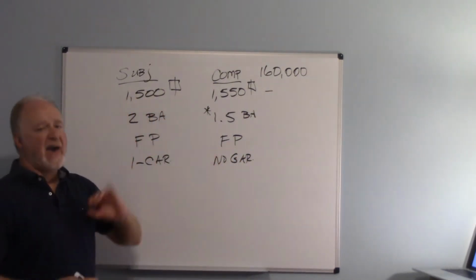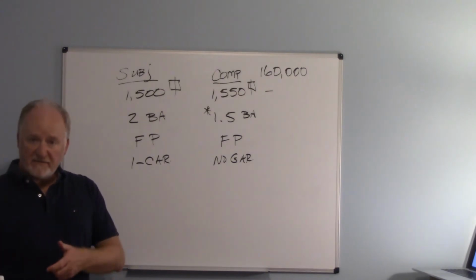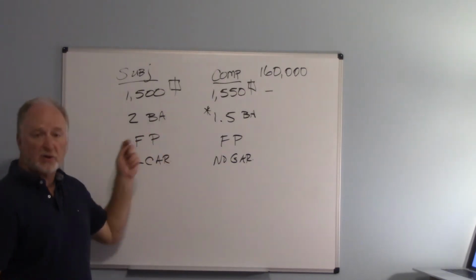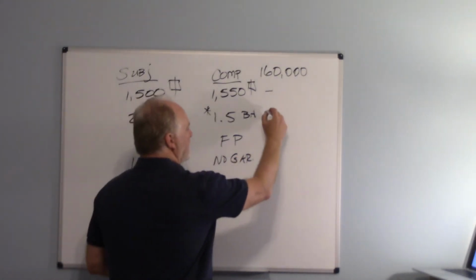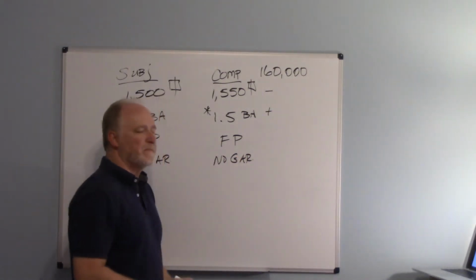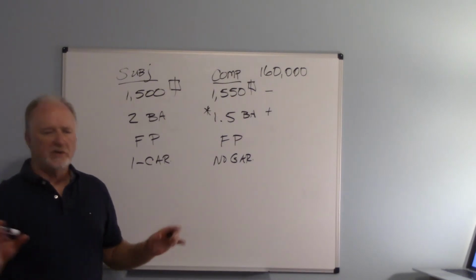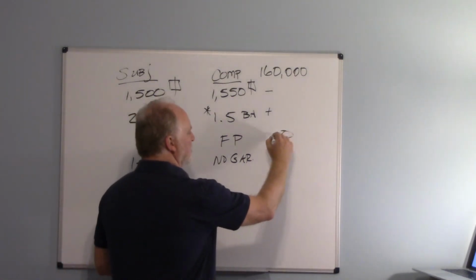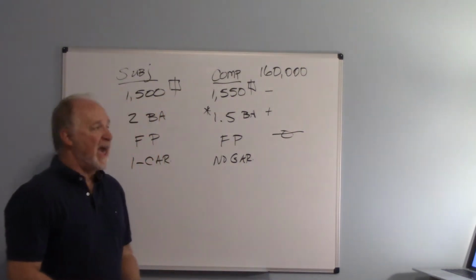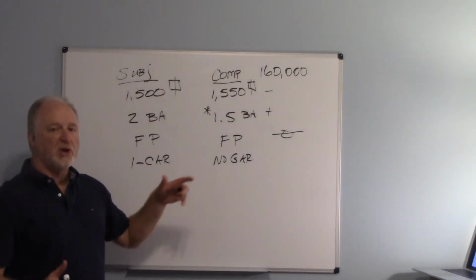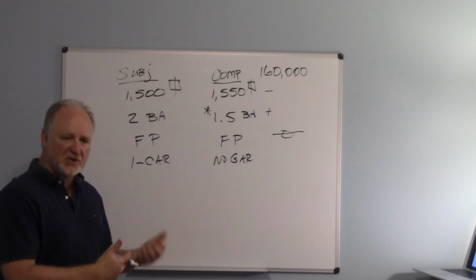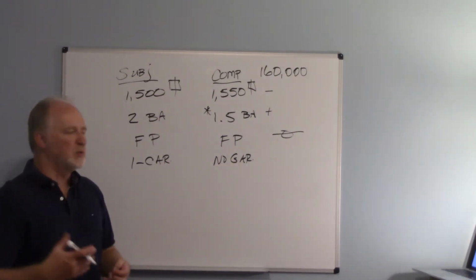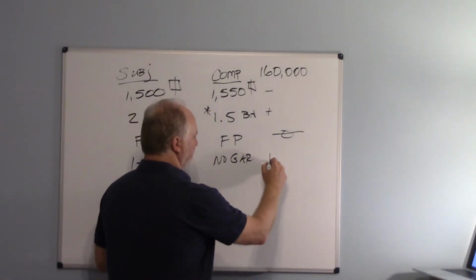In regards to the baths, the comp is clearly inferior. 1.5 is inferior to 2 baths. So if it's inferior, we're going to increase or add to its value. The fireplace is a wash. Notice that they're both the same, so no adjustment necessary. And then on the comparable property, no garage is clearly inferior to the subject property, which has a garage. So if it's inferior, we're going to increase its value.